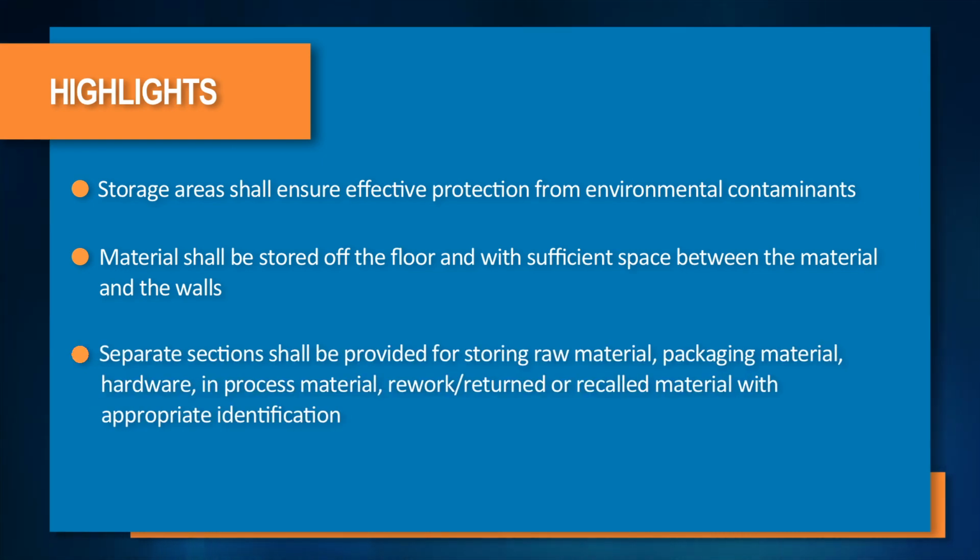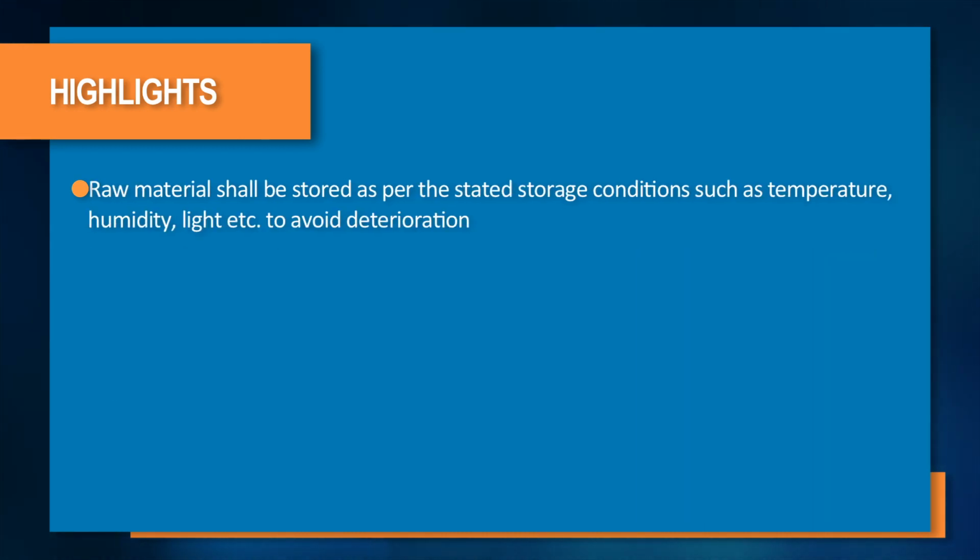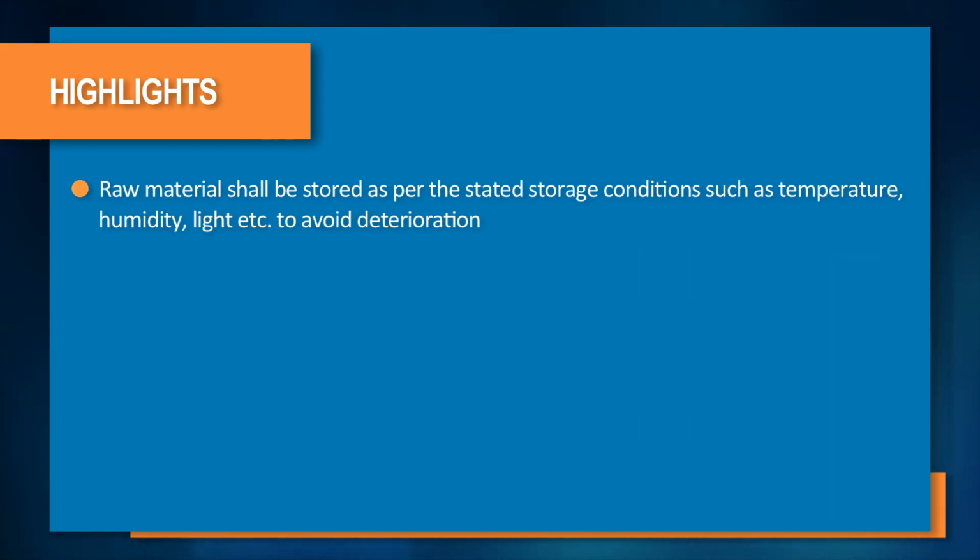Separate section shall be provided for storing raw material, packaging material, hardware, in-process material, rework or returned or recalled material with appropriate identification. Raw material shall be stored as per the stated storage conditions such as temperature, humidity, light, etc.